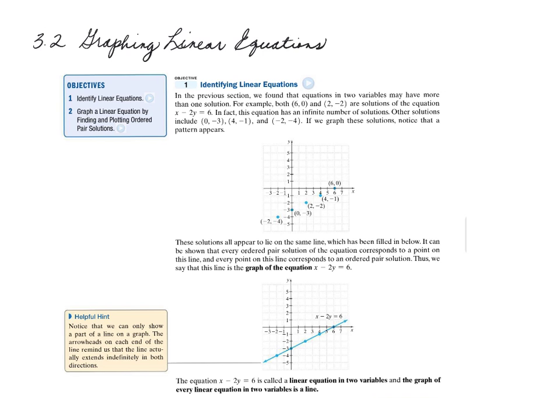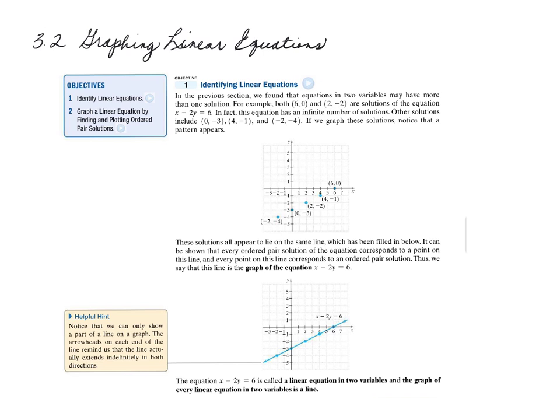So down here, we have the graph of the equation x minus 2y equals 6. It's the same points that were plotted up here, but they have just been joined together to create a line. And that's how lines work. You plot the points, you connect them, and you draw arrows at the end.